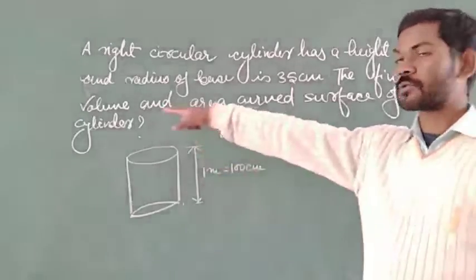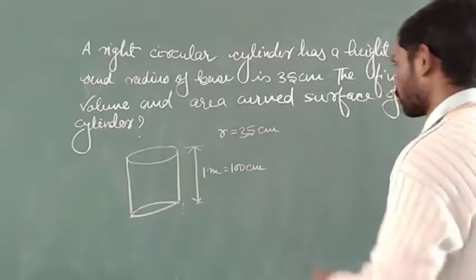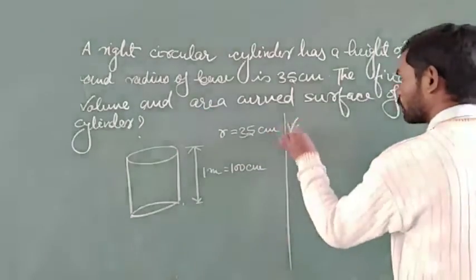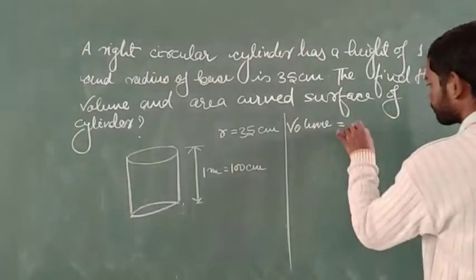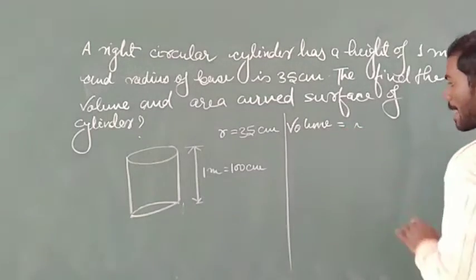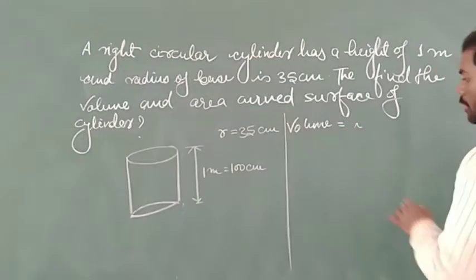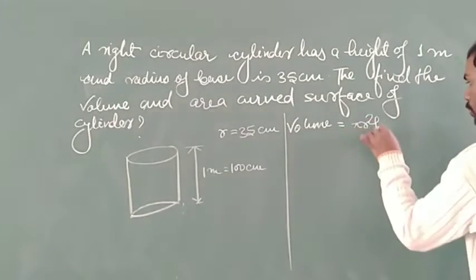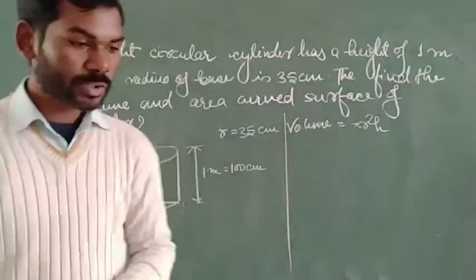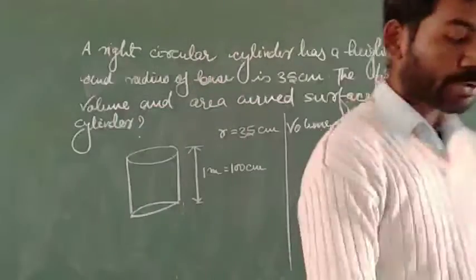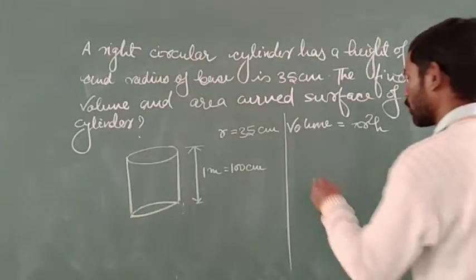Now we have to find the volume. So we know that volume is given as pi r square into h. We use the formula pi r square into h in order to find the volume.